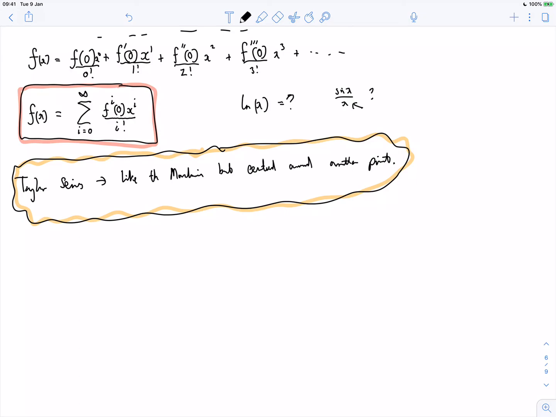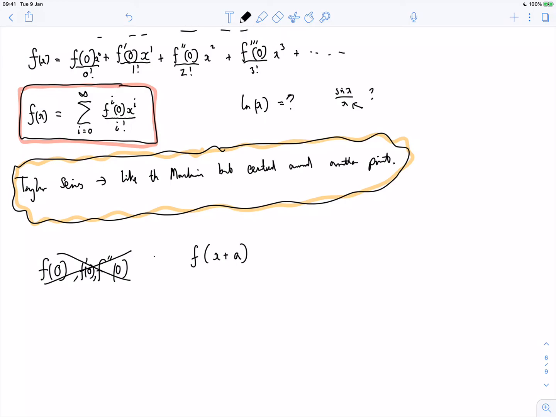So, a couple of things. f of 0 and all its derivatives are completely out. We can't do that. What we can do, however, is we can actually do quite a cheeky little substitution. Right? Suppose we shift everything along a little bit. So suppose we're now dealing with f of x plus some tiny amount.